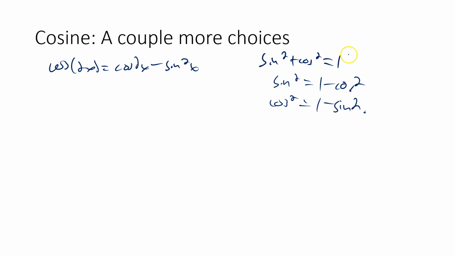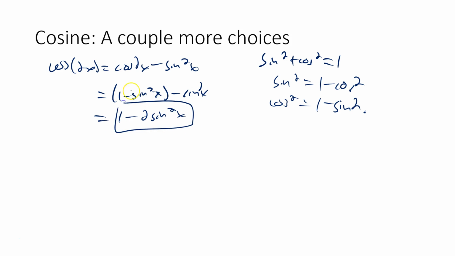So if we use those and sub them in here, cosine squared is 1 minus sine squared. So another way I can write this is 1 minus sine squared x minus another sine squared x, which is 1 minus 2 sine squared x. So that's another way I can write it just in terms of sine. I could also do it just with cosine. So we change that sine squared to 1 minus cosine squared.